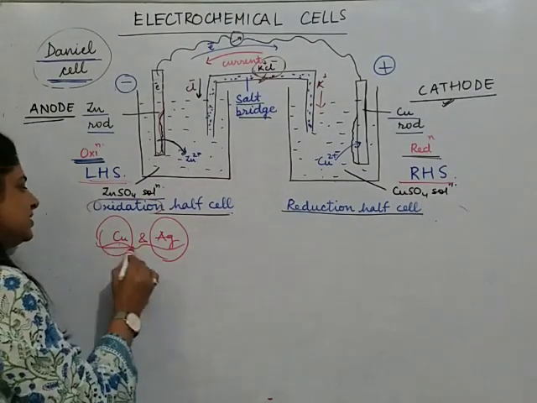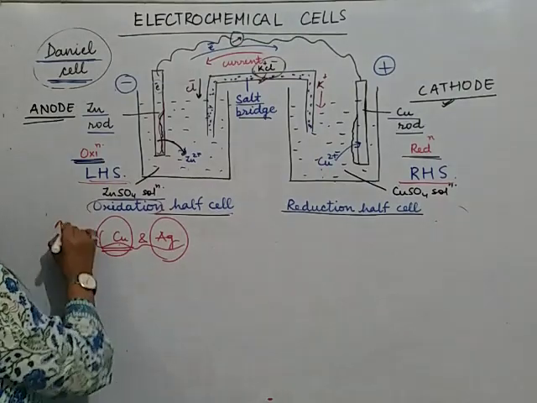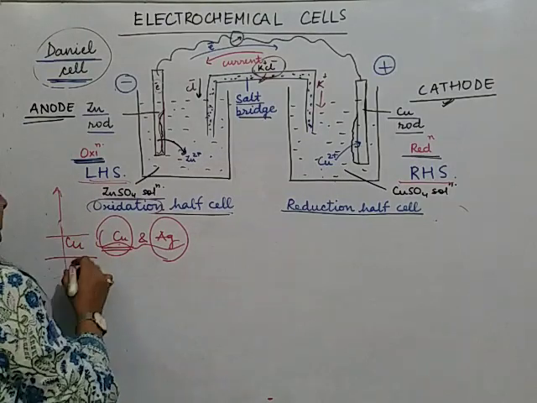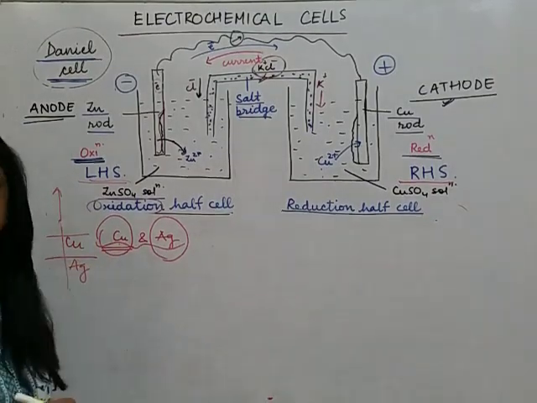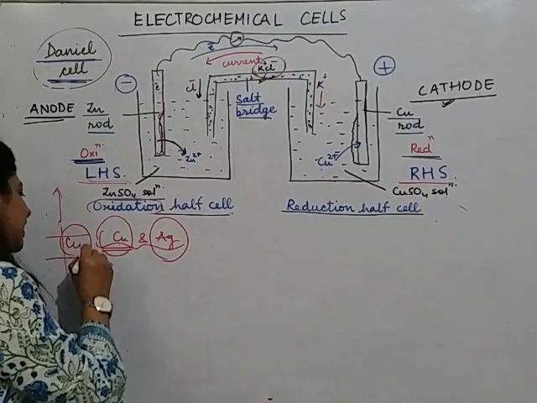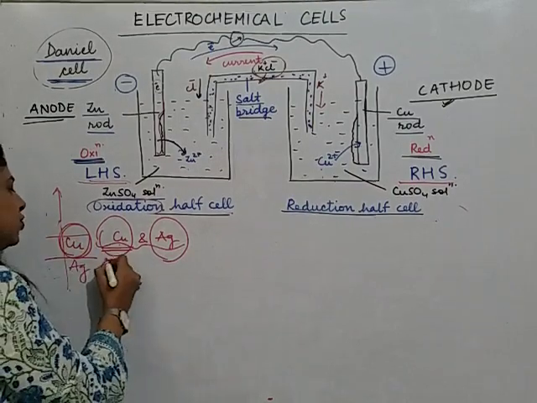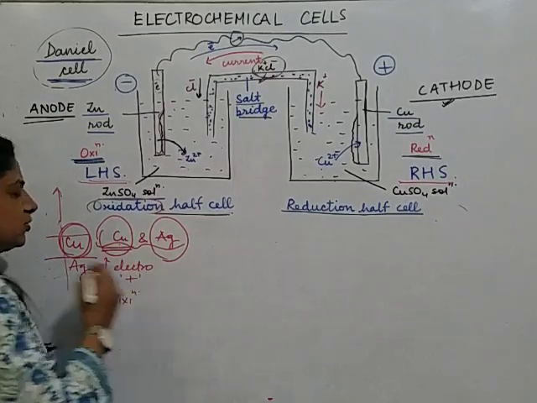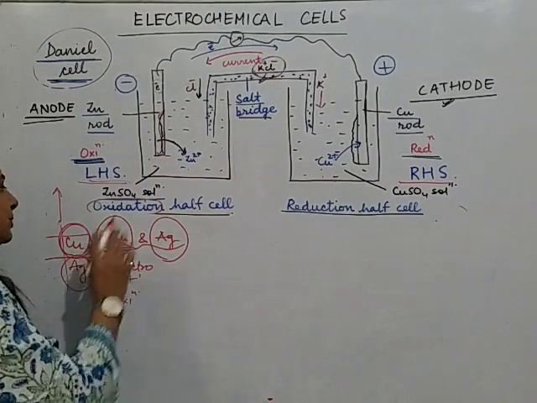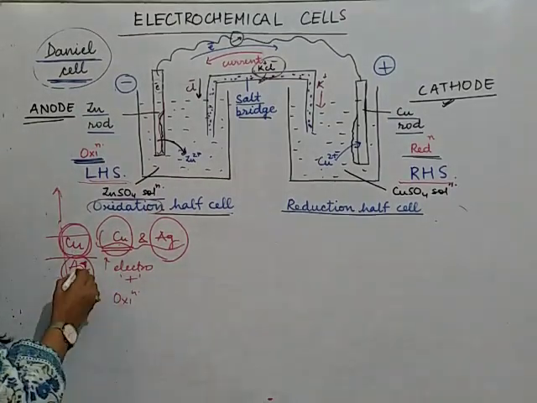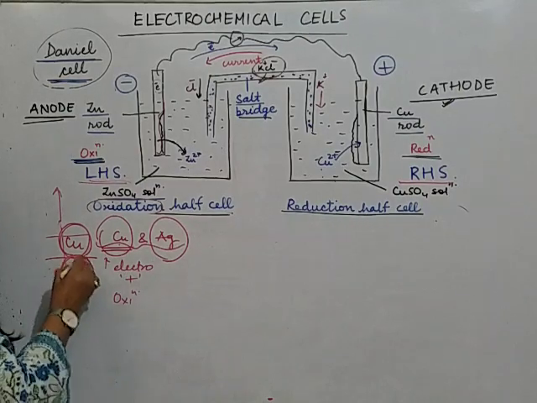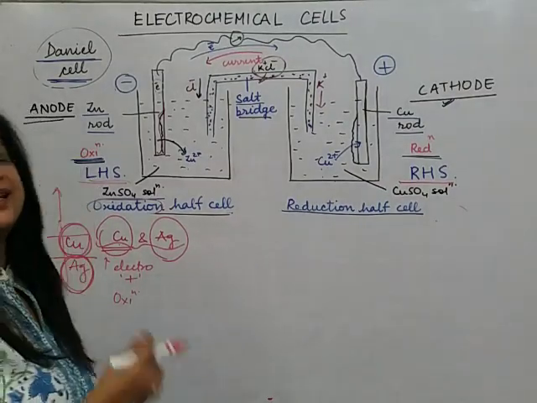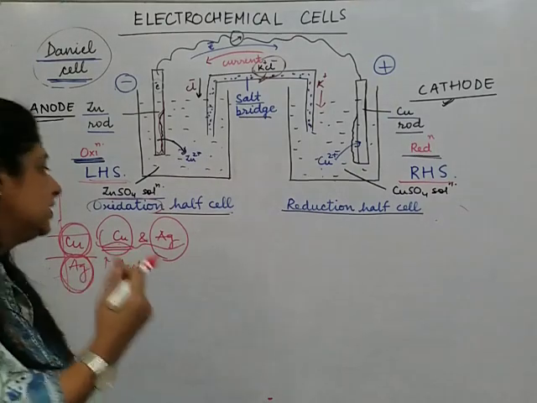In this case, you can see copper is higher in the electrochemical series as compared to silver. We know the metal which is higher in the electrochemical series is more electropositive and hence will show a tendency to get oxidized, while silver, being lower in the electrochemical series, is less reactive and less electropositive, hence shows a lesser tendency to get oxidized and more tendency to get reduced.